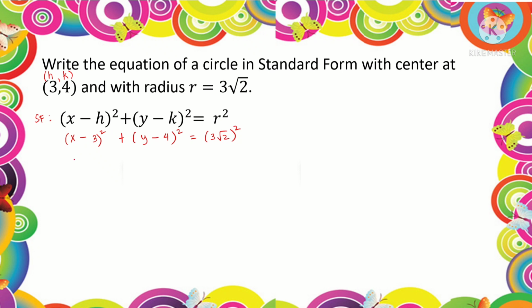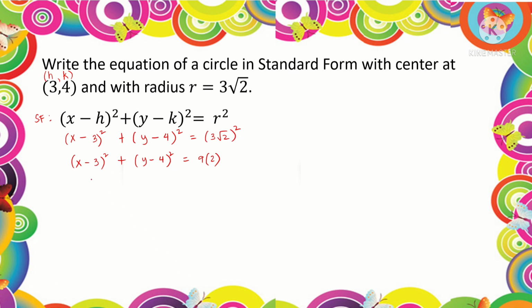Simplifying, we have x minus 3 to the power of 2 plus y minus 4 to the power of 2 equals 3 squared, which is 9, times the square root of 2 squared, where the square root and the square cancel, giving 2.